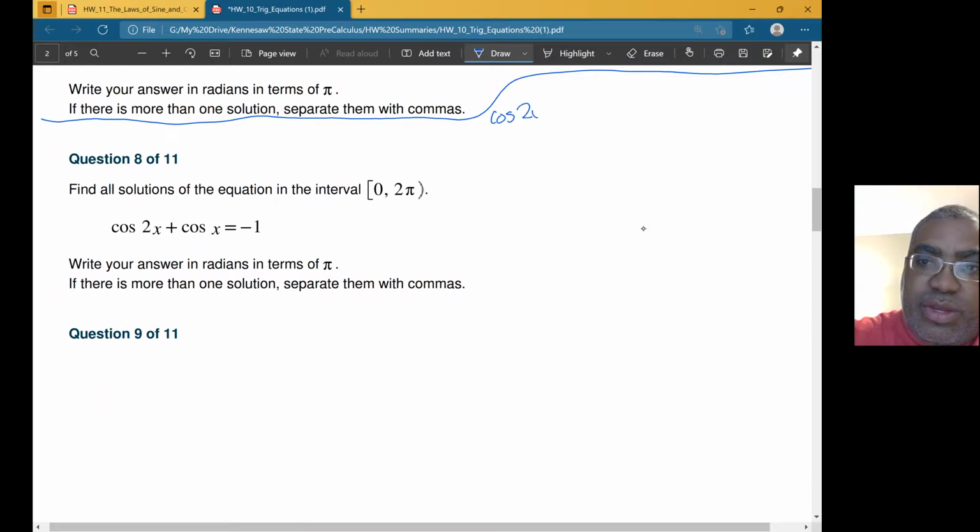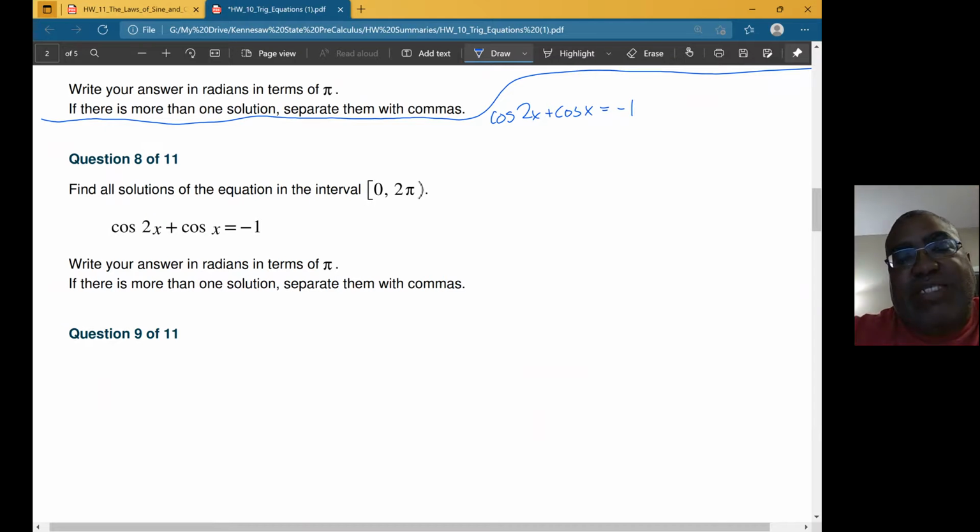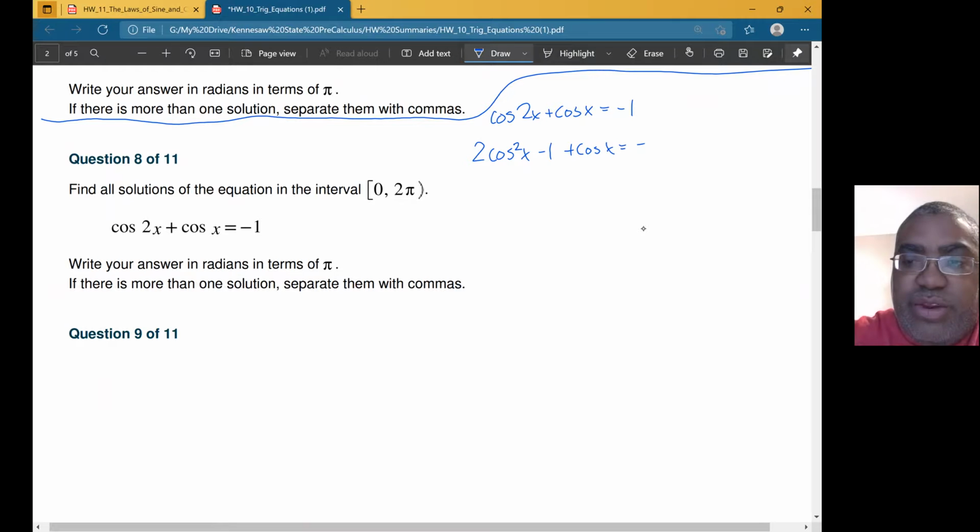Cosine of 2x plus cosine of x is equal to -1. The 2x kind of messes us up. So we want to get rid of that. We want everything in cosine still. So we know that cosine of 2x is 2 cosine squared x minus 1, plus cosine x is equal to -1.